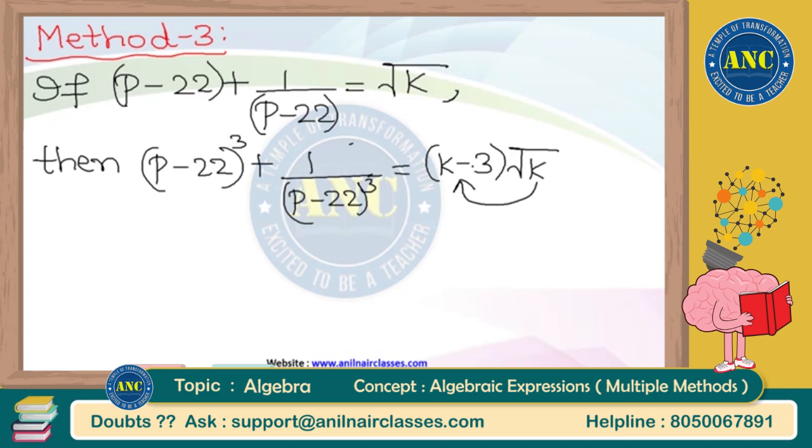Very simple. If you have a plus sign in between, then it will be k minus 3. If you have a minus sign in between, then this will be k plus 3.